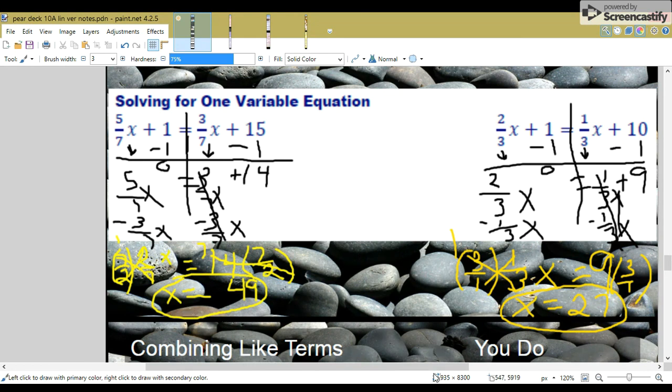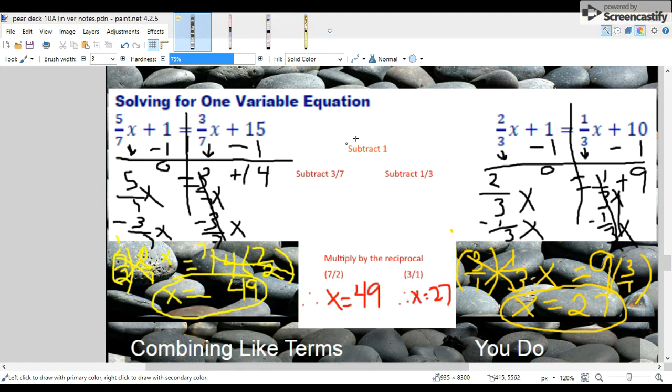Let's go back and write our steps for these. Here are our steps. The first step was to subtract 1 for both of these examples. Step 2, on the first example you subtract 3/7. On the other example you subtract 1/3.